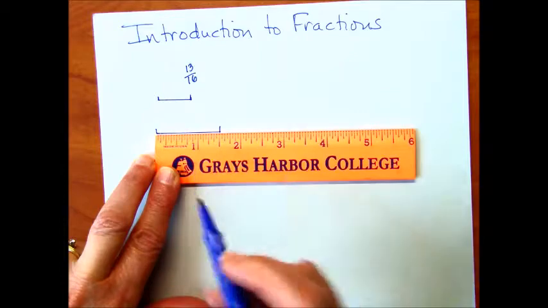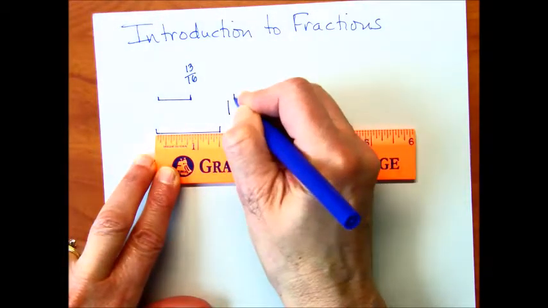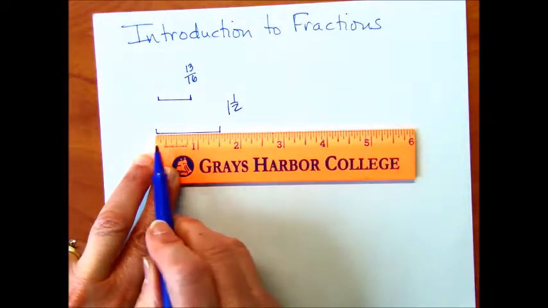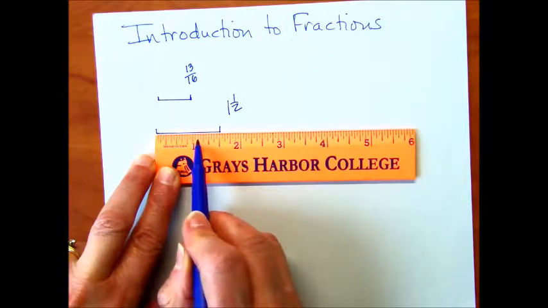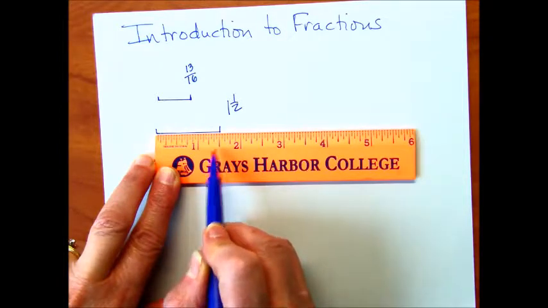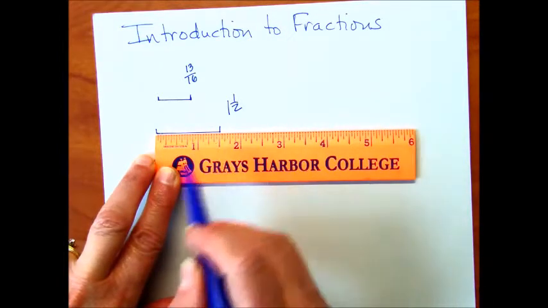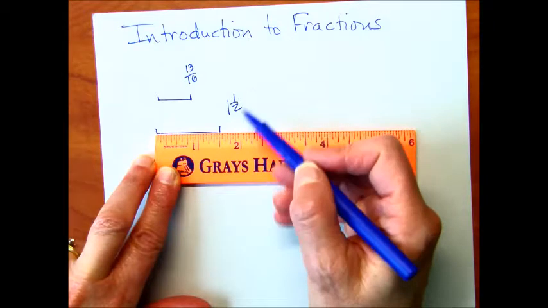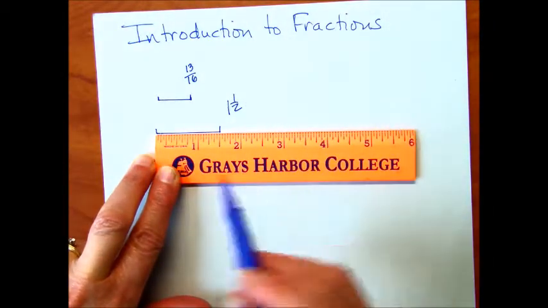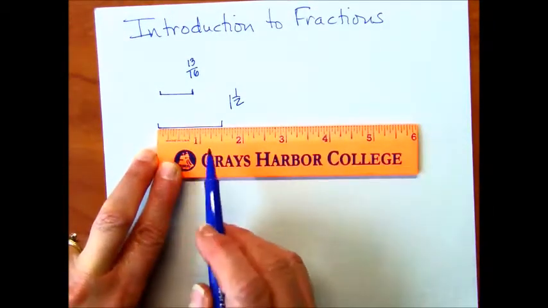In this case, I would say that's a 1 and 1/2. So we have a full 1, and then if we were to count our tick marks, we would actually have 8 sixteenths, and I know that to be 1.5. And again, don't worry about reducing. I'm just talking generally about fractions.